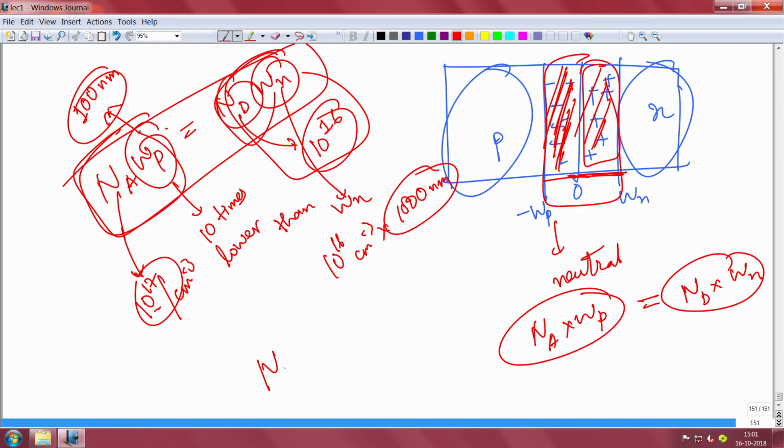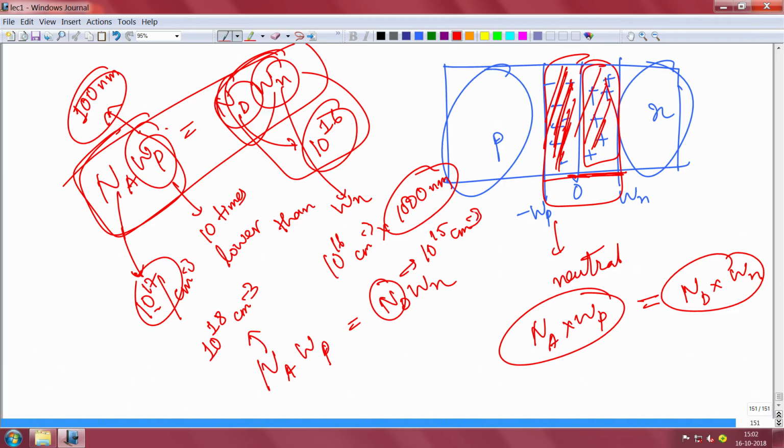Which means if I take for example NaWp equal to NdWn, if I take this as very high doping, say 10 to the power 18, and suppose this is very low doping, say 10 to the power 15, this is 1000 times lower doping than this, which means this will be 1000 times lower than this.